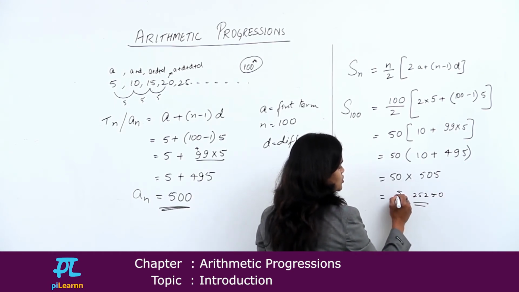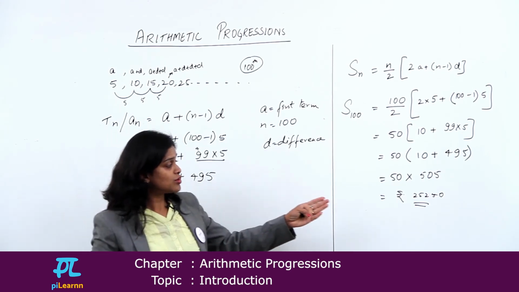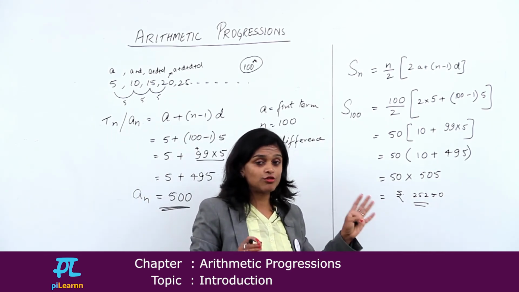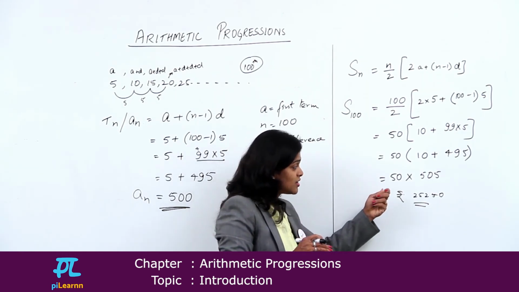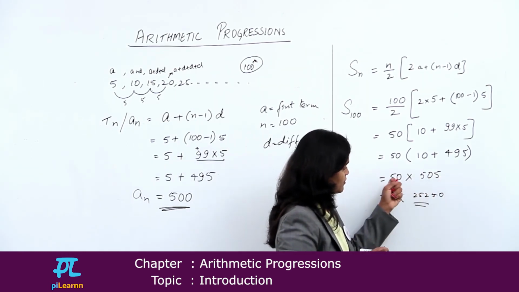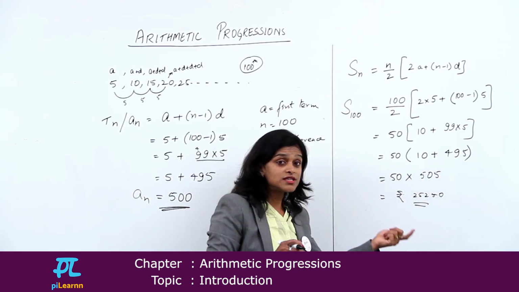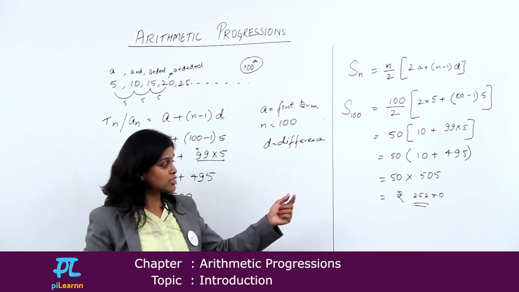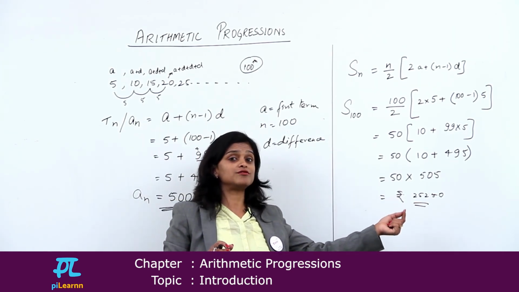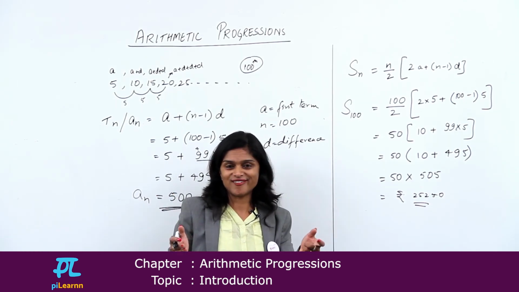See the amount you've got. Can you even think that you get this much every day when only 5 rupees is being increased? See, 5 5s are 25, again 5 5s are 25, you added a 0 over there. When you add up everything, you get 25,250 rupees. You are a rich boy or a rich girl now, right?